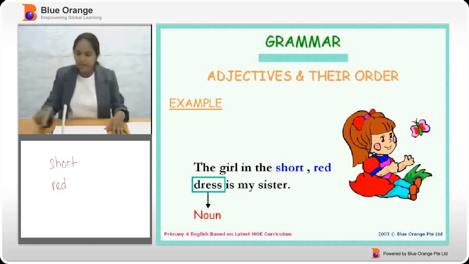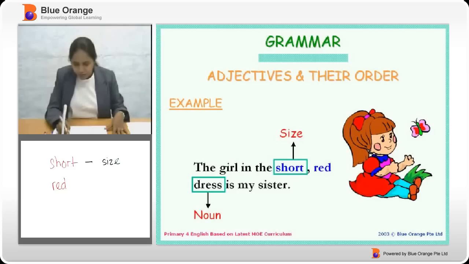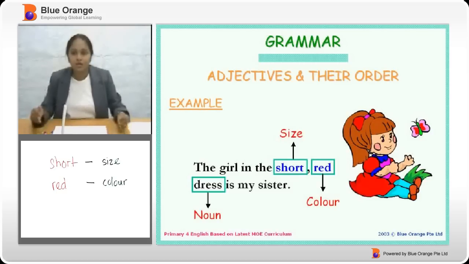Why do we have this order? It is basically because we have to have an adjective of size first before we have an adjective of color. This is the order in which we group adjectives that are used to describe a noun.